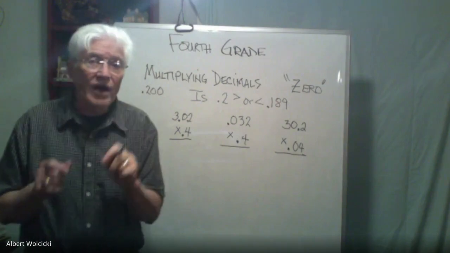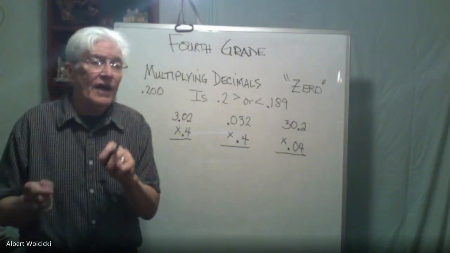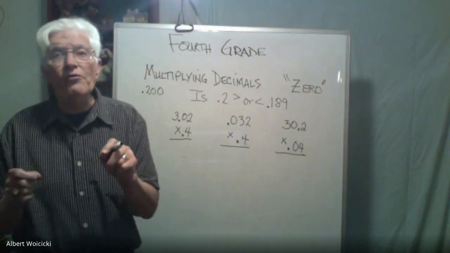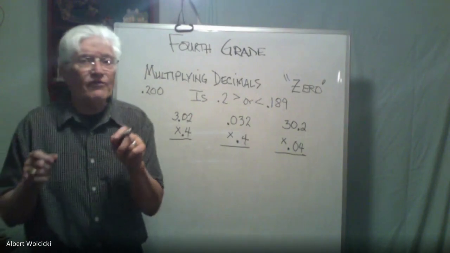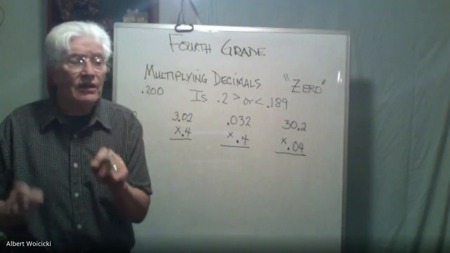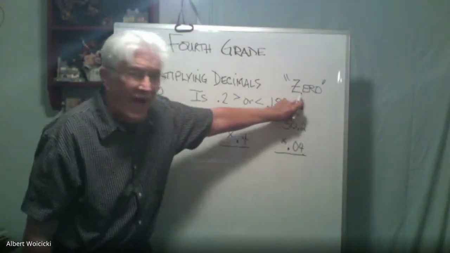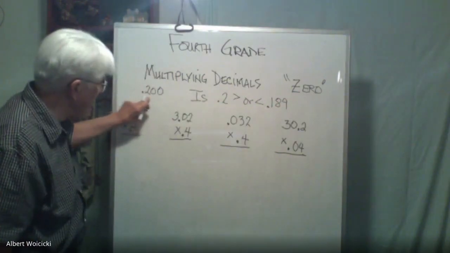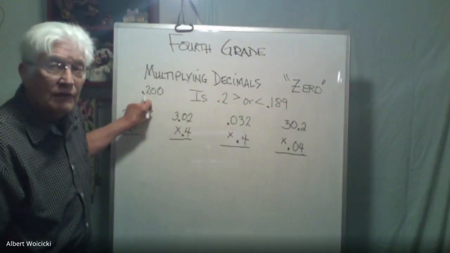So it's a question that you may be asking them not only this day, but over and over again till they finally get the idea of how important that zero is, as it holds a place in here, even though it's not written.